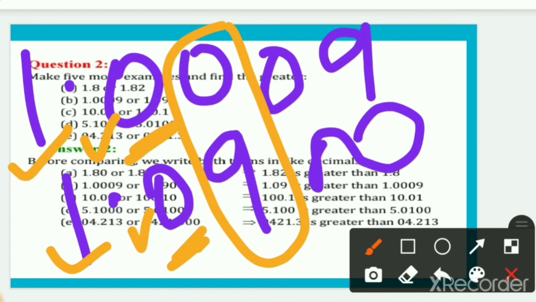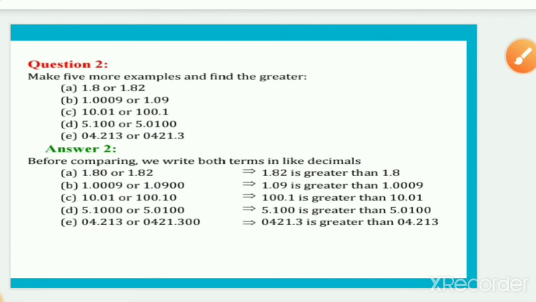So which number will be greater? This number will be greater than this number. 1.09 is greater than 1.0009.